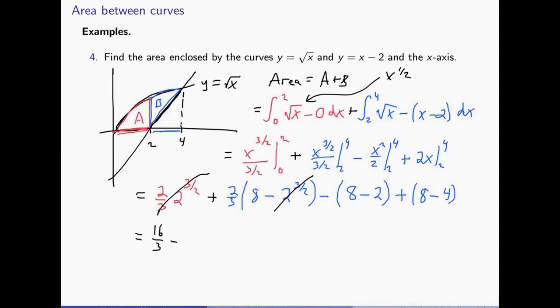So this is equal to 6, and this is equal to 4. So 6 is equal to 18 thirds, and 4 is equal to 12 thirds. So this is 10 thirds, and that is our final answer.